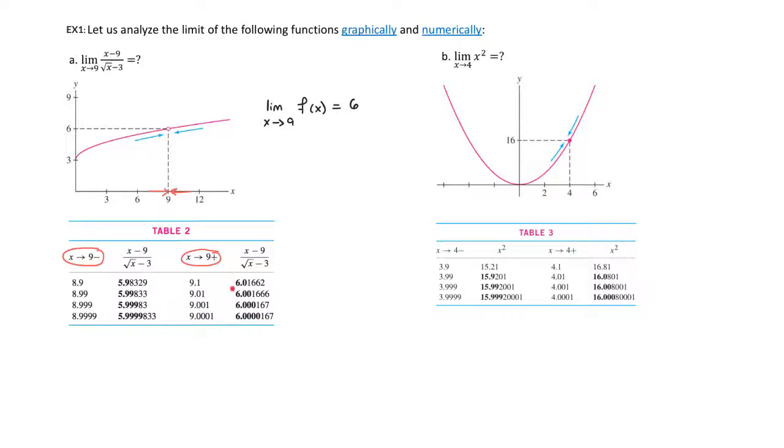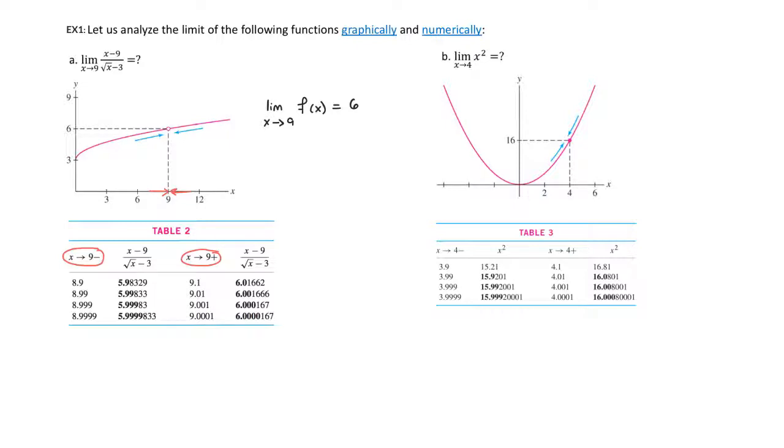So then again, it seems as if our conclusion from here is accurate. The limit of this function at 9 is indeed equal to 6, even though the function is not defined at 9.